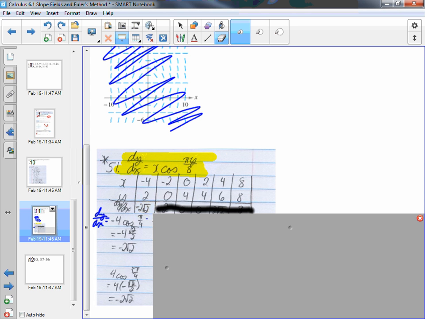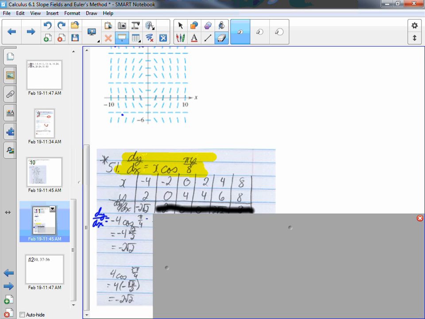Now, I'm going to stop there, but if I'm actually going to make that little slope, I'm going to have to convert that to a decimal, aren't I? Okay? I don't really know how to draw a slope of negative 2 radical 2. Okay? But since they've already drawn the slope field for me, I don't really have to convert it. If it's bugging you that it's not converted to a decimal, go ahead and convert it.